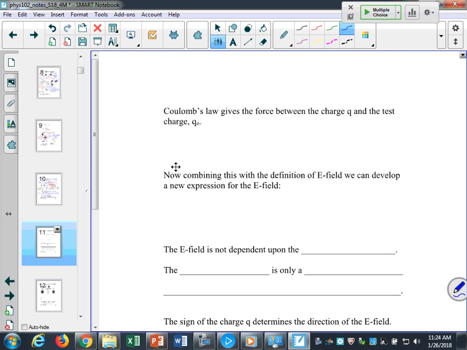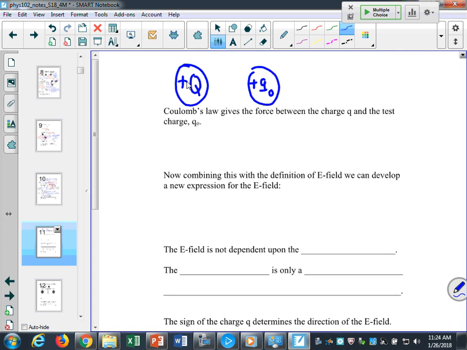Okay, so Coulomb's law gives the force between the charge and the test charge. So imagine that I have a positive charge here, and then I have a positive test charge. This is my imaginary positive test charge. The one on the left is a real charge. The one on the right is just something I make up in my head.